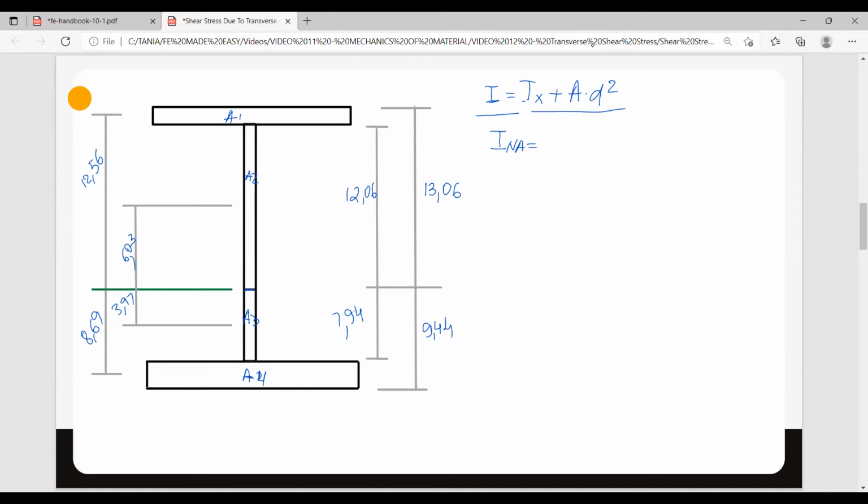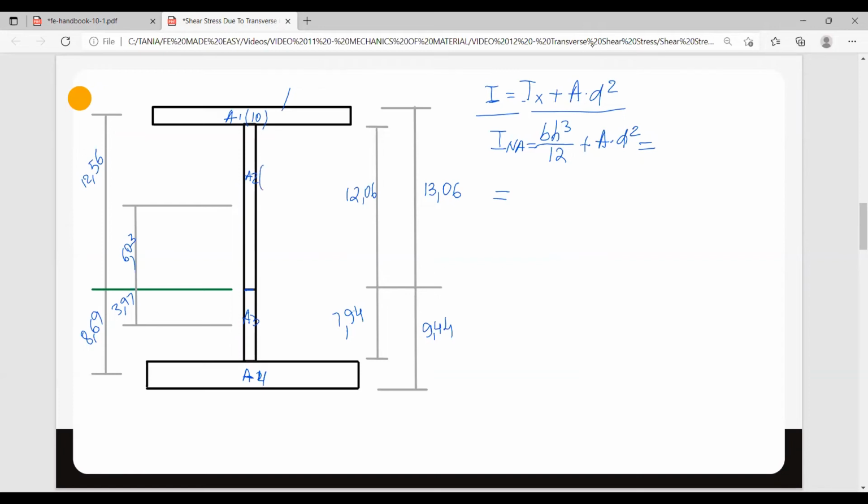So the formula is bh cubed over 12 plus A times d squared. Let's start with area number 1.